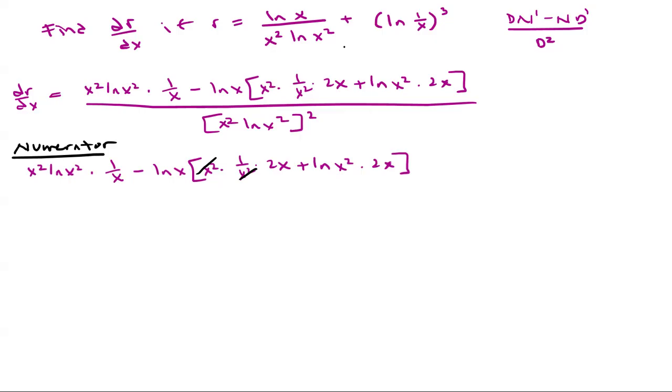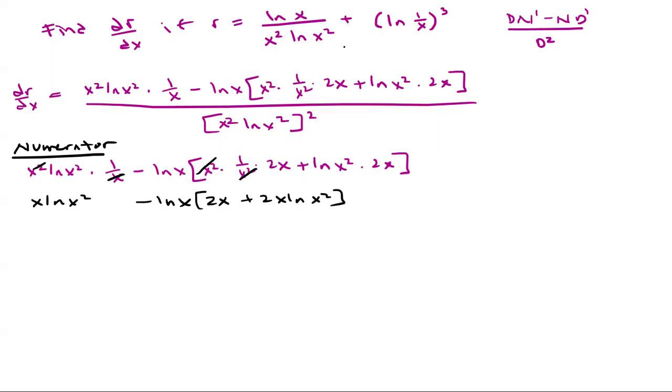So I have 2x plus 2x ln of x squared, and again, this is being multiplied by minus ln of x. And then notice here also I can get rid of the x, and I have one x left over. So that gives me x ln of x squared.